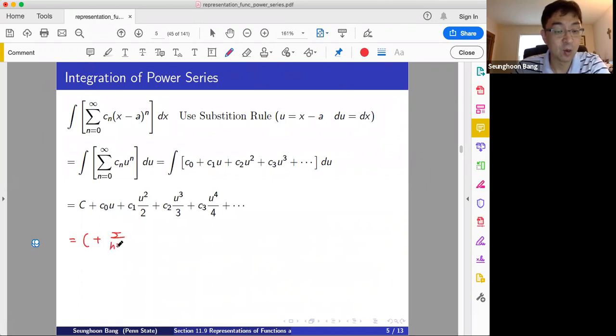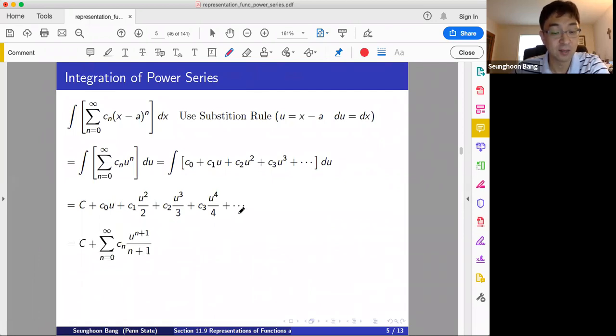Summation n equal 0 to infinity of Cn. The power of u starts at 1, which is always greater than 0, and the next power is 1 more than that. So this 2 is 1 more than 1, exactly u to the power n plus 1 over n plus 1. So we have this kind of thing.